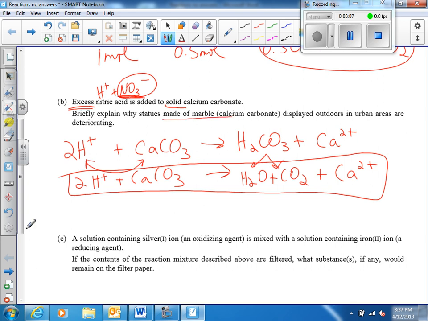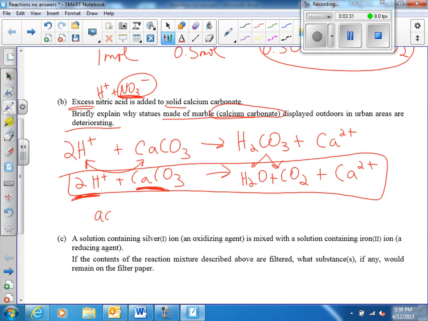Why do statues made of calcium carbonate deteriorate? Okay, so you want to think, what's deteriorating the calcium carbonate? And it has to do with this reaction. So it must have something to do with H+. So you should be thinking you're outdoors, you're in an urban area, we've got acid. What do you think of?